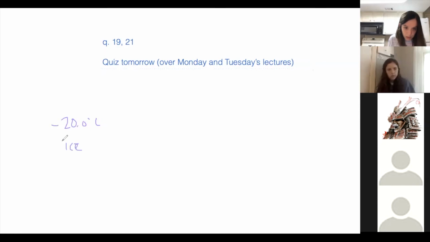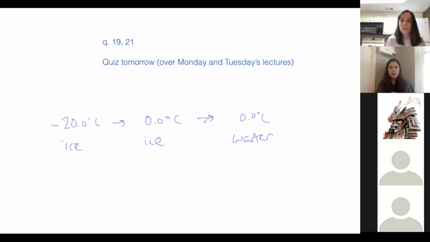So yes, there would be a temperature change. Ice goes from 20 degrees below 0 to 0 degrees Celsius. Right. Yeah. So it's still ice, and then it has to go from ice to water at 0 degrees Celsius. So yeah, you have both a temperature change and also a phase change. Okay. Thank you.